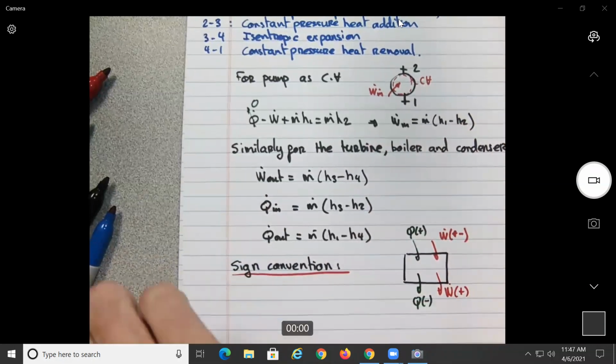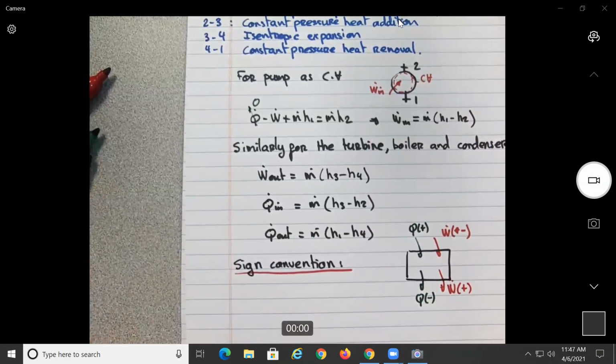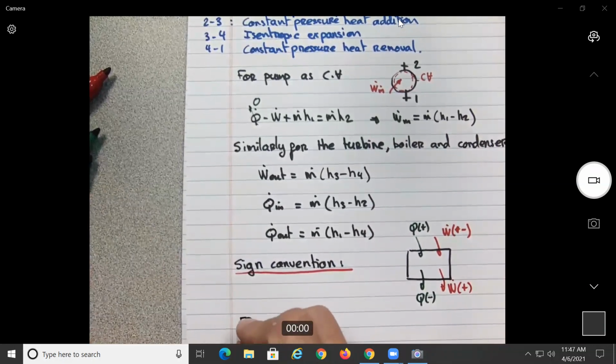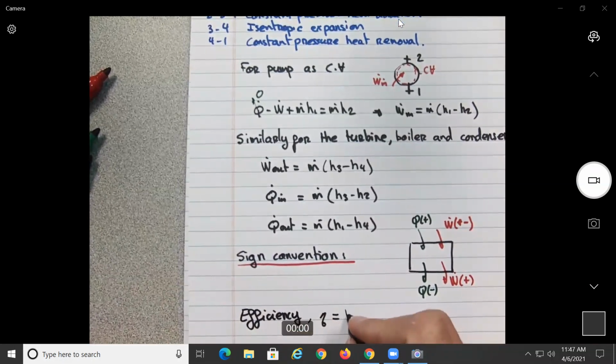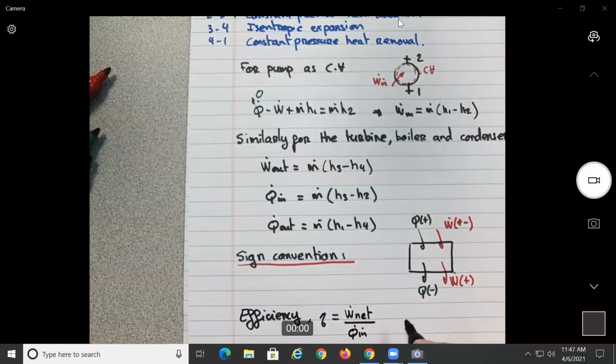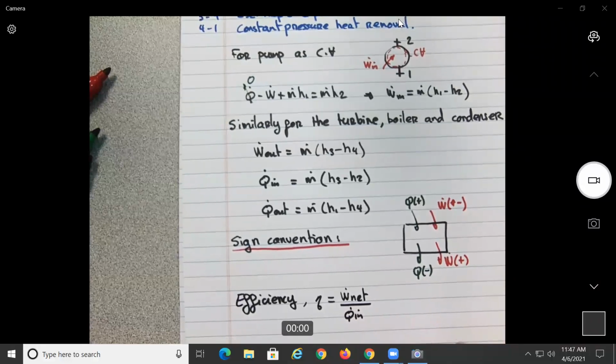Yeah, okay. So if we look at the efficiency, we say the efficiency, this is a power cycle, is whatever the net power generated, whatever we're using, divided by whatever we are putting in.